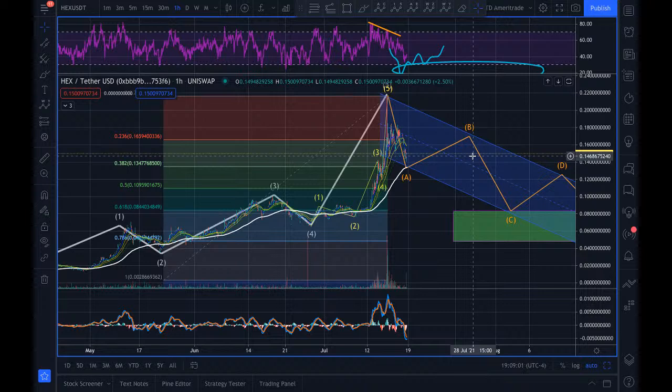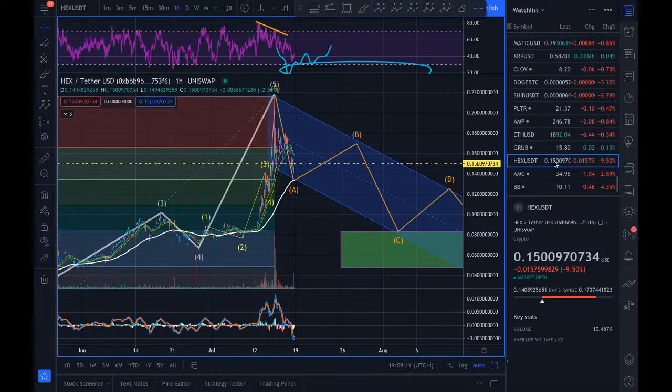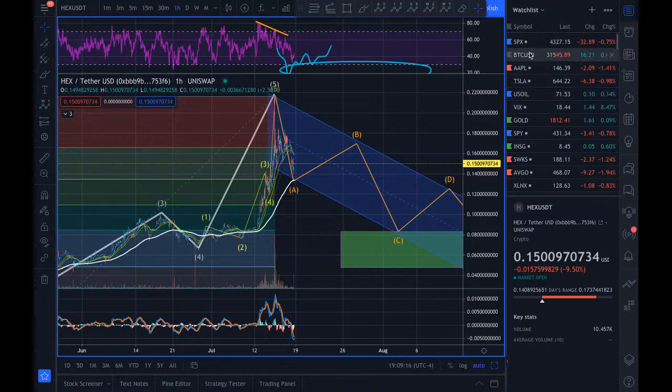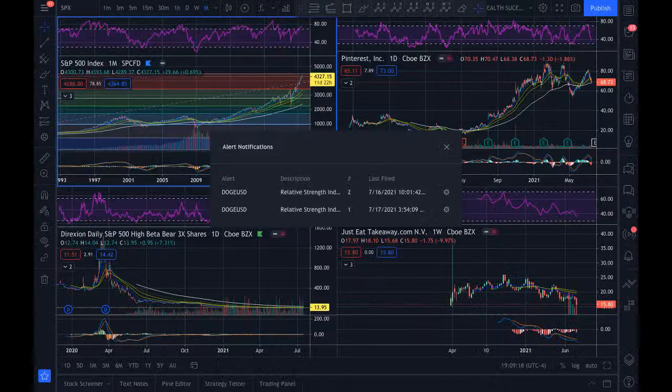And let's see, so let's check out AMC. And then Mike also asked, what's your prediction for Bitcoin in the coming months? All right, let's go back to Bitcoin really quick because I think I had that mapped out. I do have it mapped out actually on another chart. Let me see.